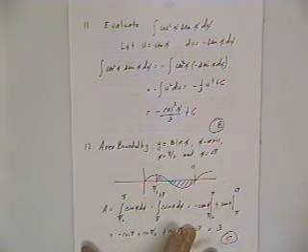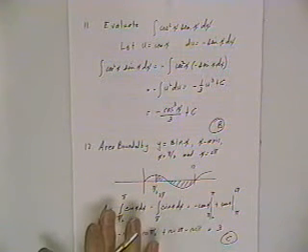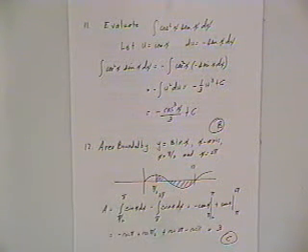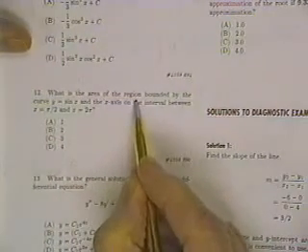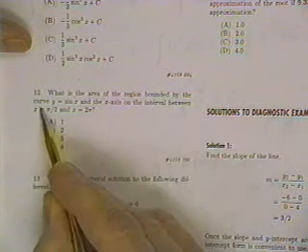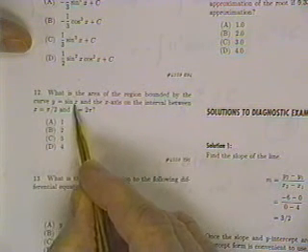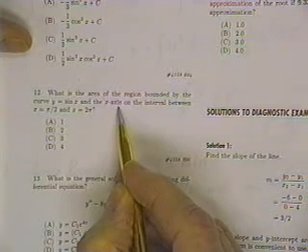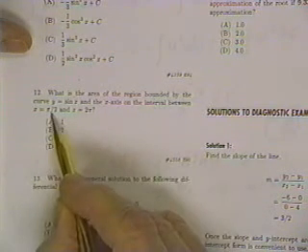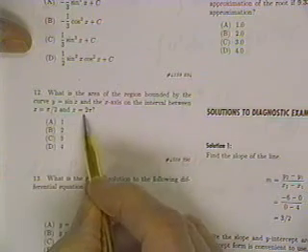The next one you have to read like a Philadelphia lawyer, because it asks you to find the area bounded between a curve and an axis, as well as two limits. I'm going to lay it on top here for just a minute. What is the area of the region bounded by the curve y equals sine x and the x-axis on the interval between x equals pi by 2 and x equals 2 pi?